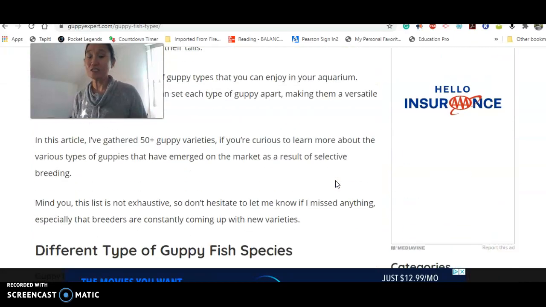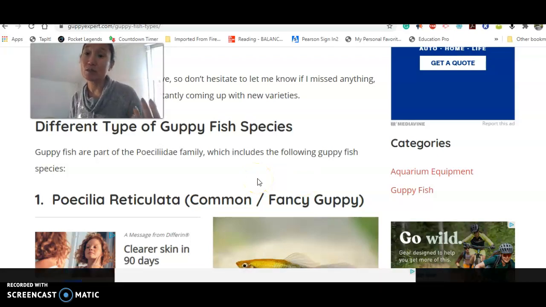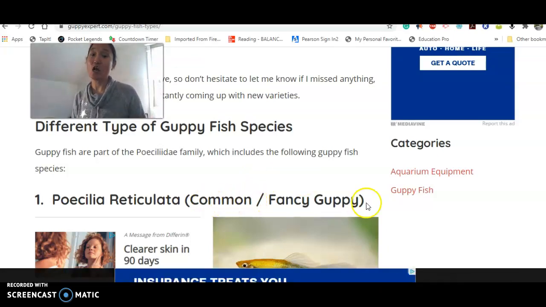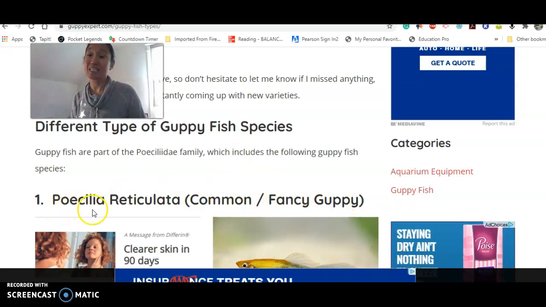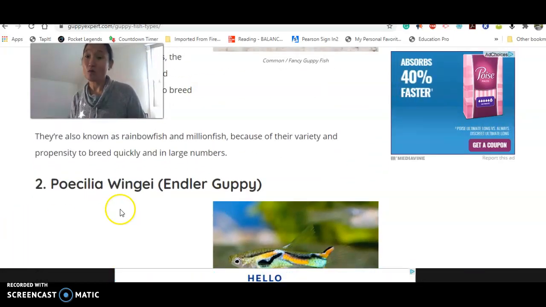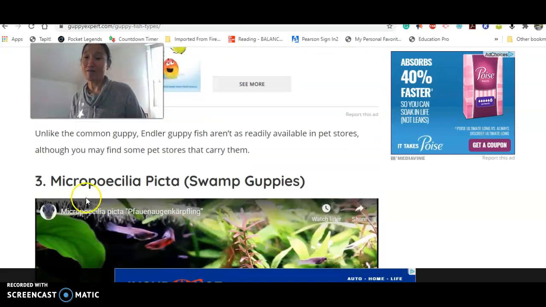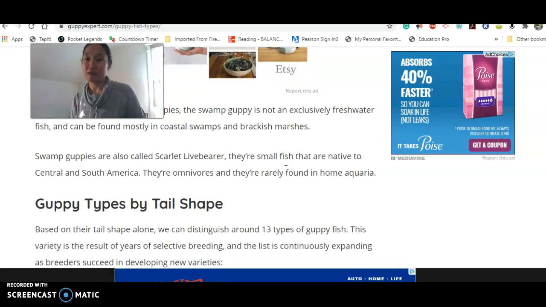Alright, and as I just scanned through there, they are the following species, which are groups of guppy types. So you have the common fancy guppy, the Poecilia reticulata. You have the Poecilia wingei, which is the Endler guppy types, and you also have the Micropoecilia picta, which are swamp guppies.